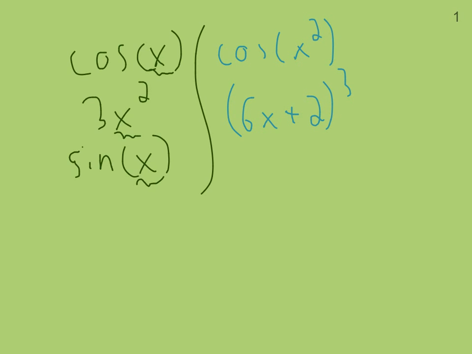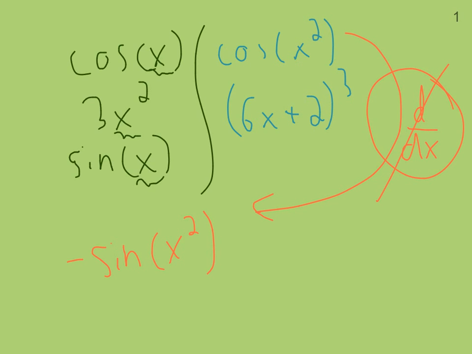So your first inclination might be that the derivative of cosine of x squared was just negative sine of x squared. And that's kind of the simplest path, but that's not true. The derivative of cosine of x squared is not negative sine of x squared. However, what you have to do is called the chain rule.